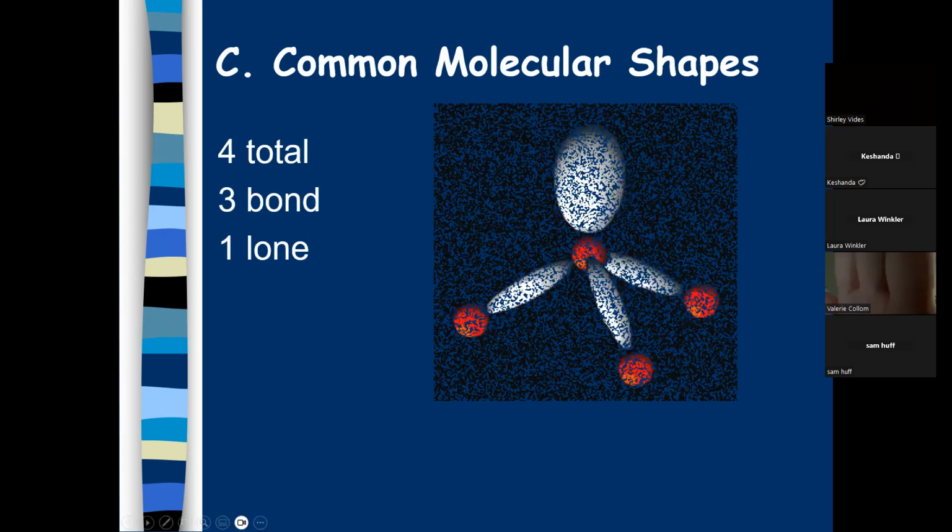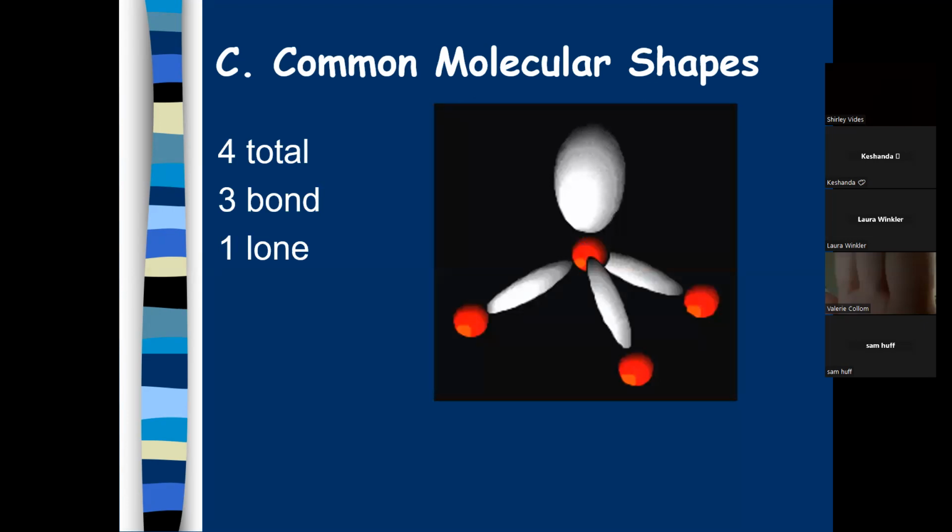Now we have 1 lone pair, and this is what is known as a trigonal pyramid. And the lone pair is right here. Kind of looks like a friendly ghost there. Like a little octopus. That's weird, but yeah. Okay, so there's your pyramid, you see. There's one side, there's the other side, there's the other side, and then there's the side in the back, which you cannot see, but that would be a trigonal pyramid. So that is your molecular shape.